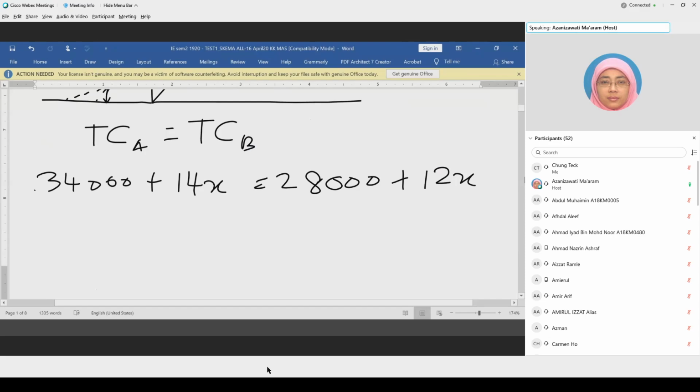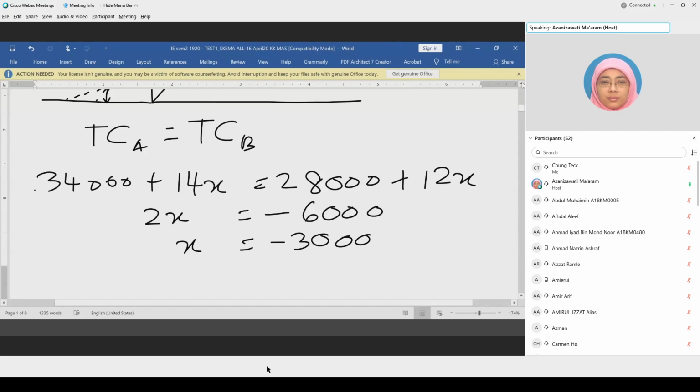So 14X minus 12X means 2X equals 28 minus 34, which is negative 6,000. So X is negative 3,000.